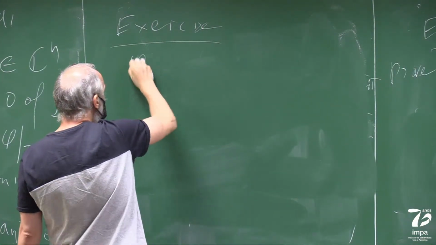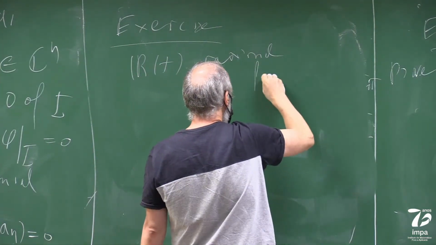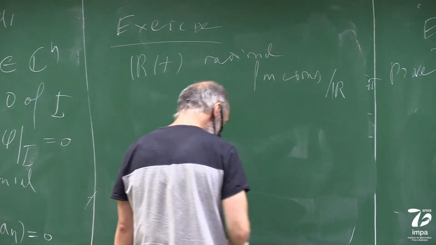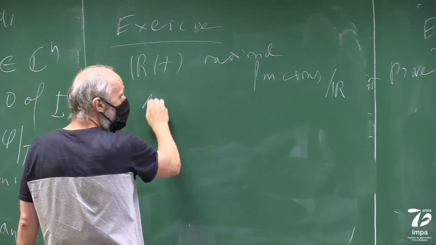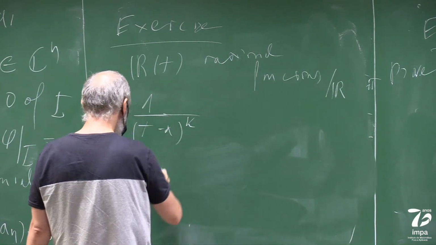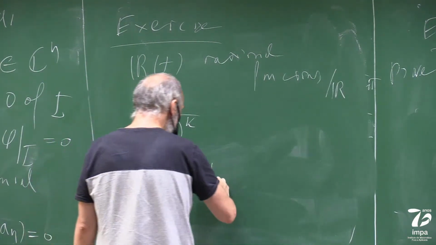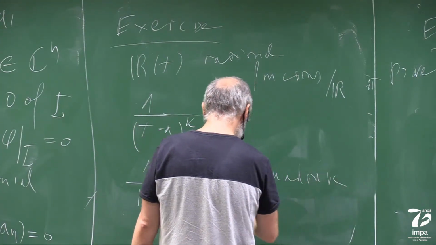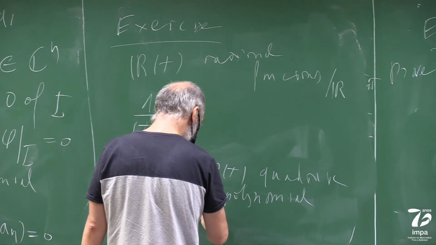You have R(t), the rational functions over R. And here the exercise is that you take 1 over (t minus a) to the power k and 1 over p(t) to the power k, where p(t) is a quadratic polynomial with no real roots.